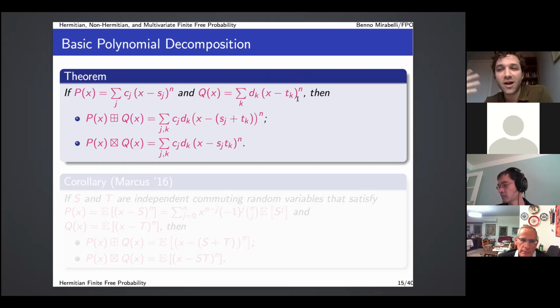In finite free probability, there are things which relate to matrices through random projections, where you might want to take a degree n finite free convolution of polynomials of degree less than n, and that can be done exactly with this basic polynomial decomposition.